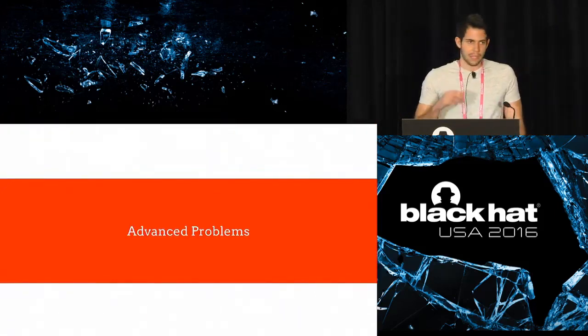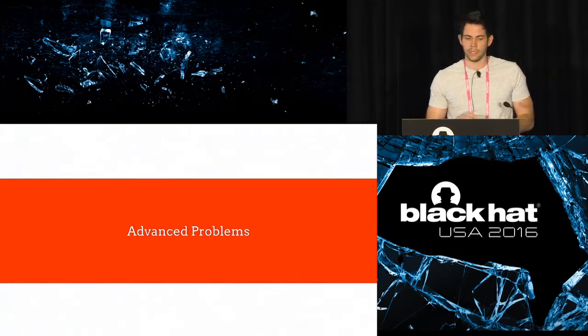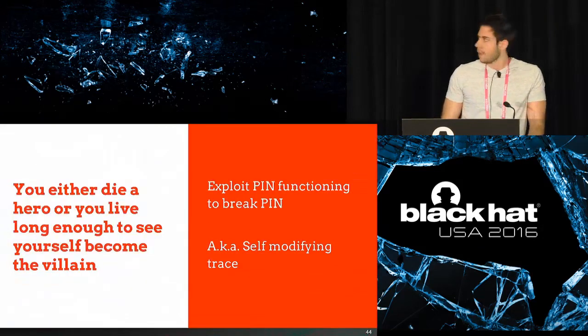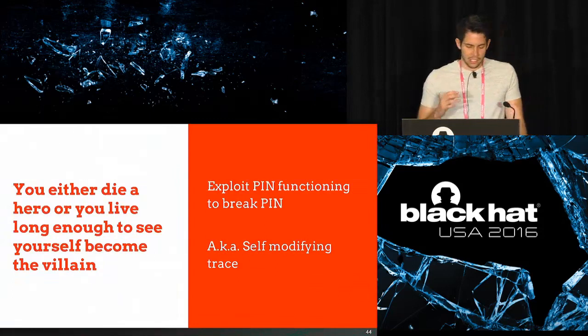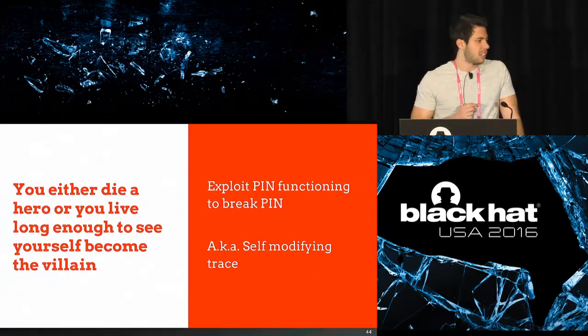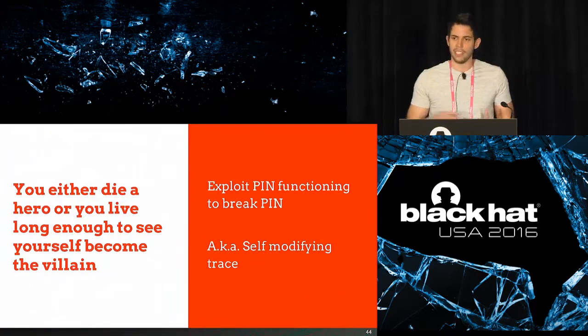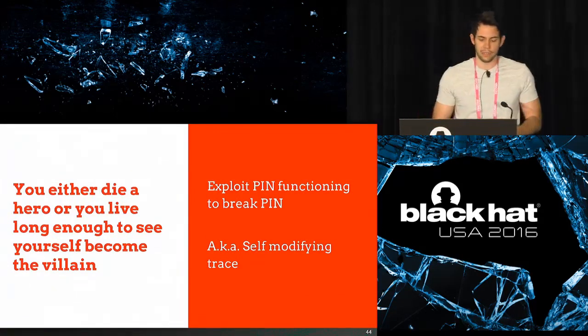Now, let's explain some other advanced problems we had to deal with during our research. The first one is a very nasty one because it exploits the instrumentation of PIN in order to break PIN itself.